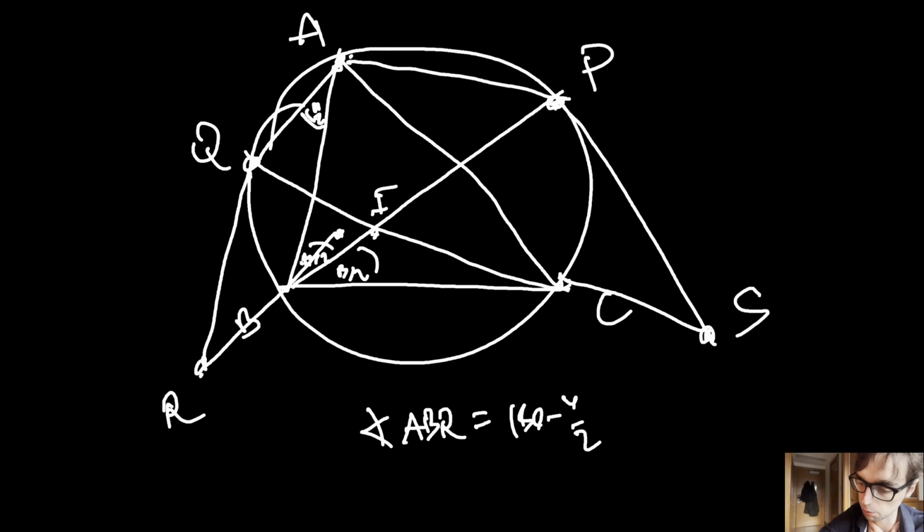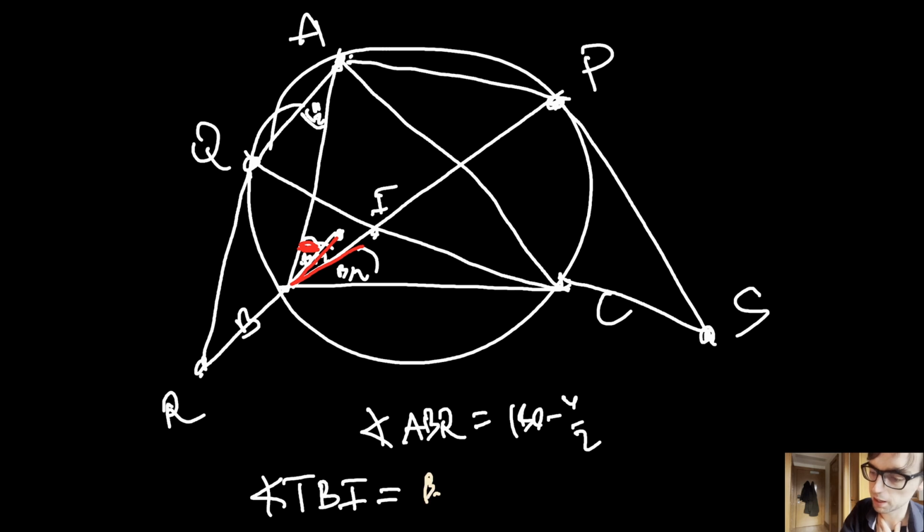So that means that when we draw T, the angle TBI will have to equal... we have this over here is gamma half, which means this angle must be beta half minus gamma half.